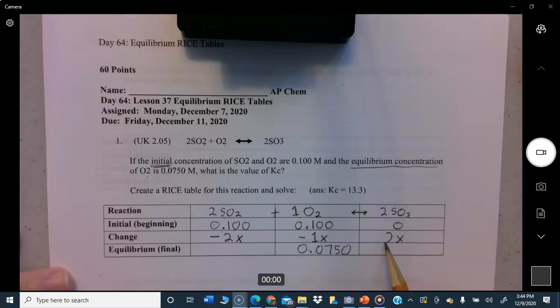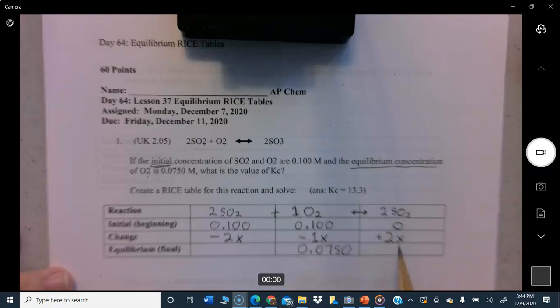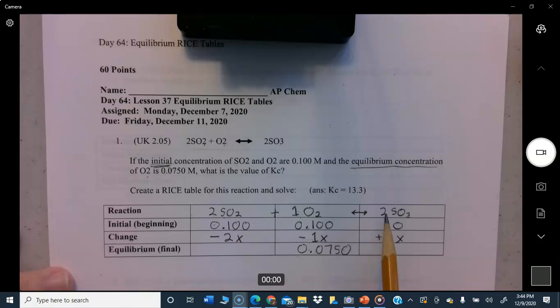It's positive because it's increasing. It's on the product side. We don't know how many moles of this are forming. All we know is it's the same number of moles of SO3 as moles of SO2 being consumed, because it's 2 to 2. Again, you just put whatever the coefficient is there, there, and there.